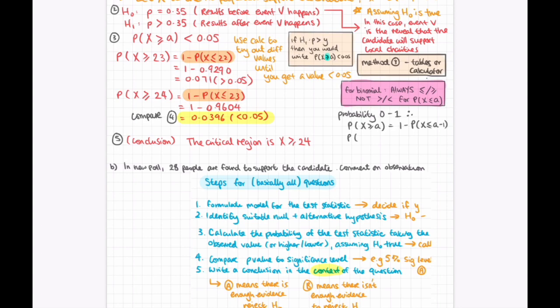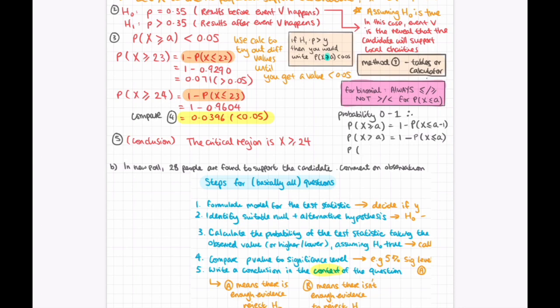And you would use this in normal distribution where it's bigger than a, so not bigger or equal to a, then you would get 1 minus the probability x is less than or equal to a, because 1 minus the rest of it, and this one does not include a, so you need to do 1 minus P(x is less than or equal to a), including a. I'm just emphasizing this because I made the mistake so many times of not doing that.